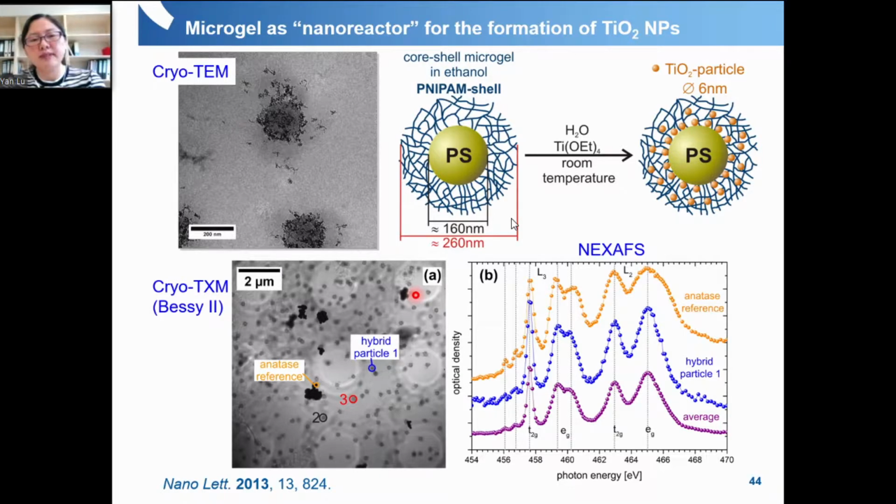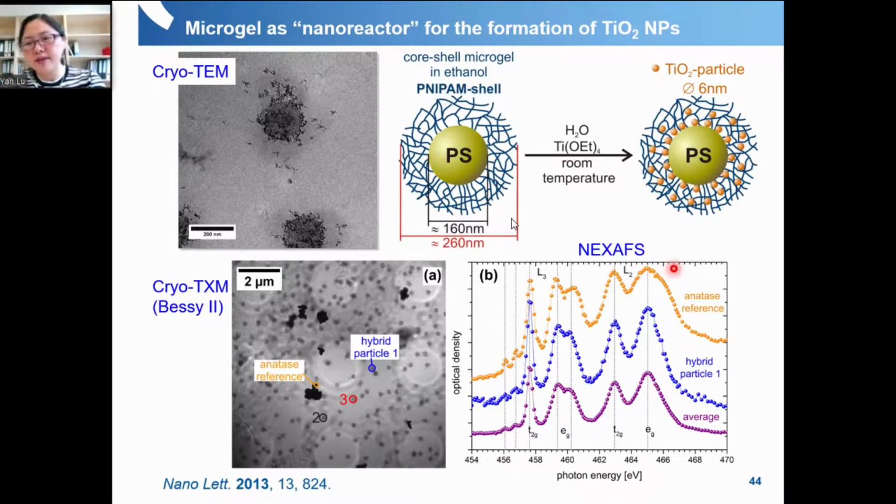This has been done at the synchrotron based on BESSY II. The advantage of X-ray microscopy is that, instead of just making an image of the morphology, most importantly you can even do spectroscopy. You can measure the NEXAFS spectroscopy of your nanoparticle.